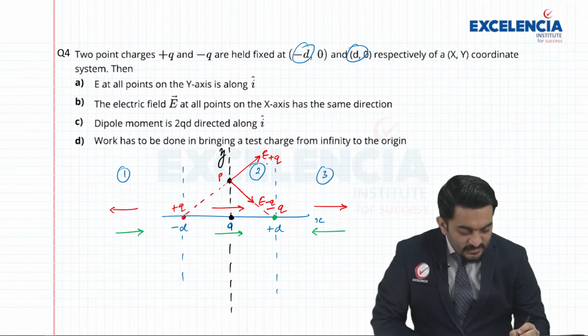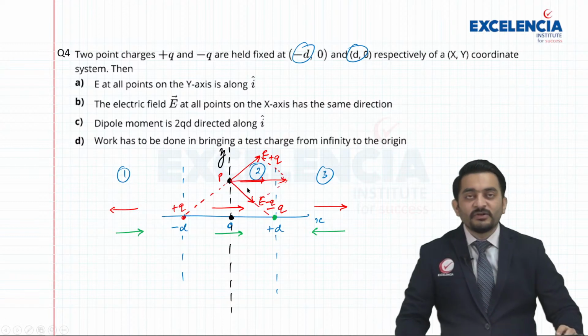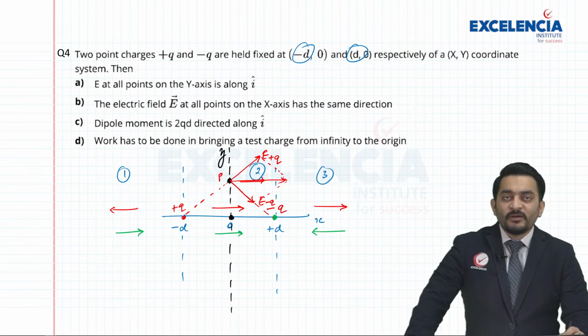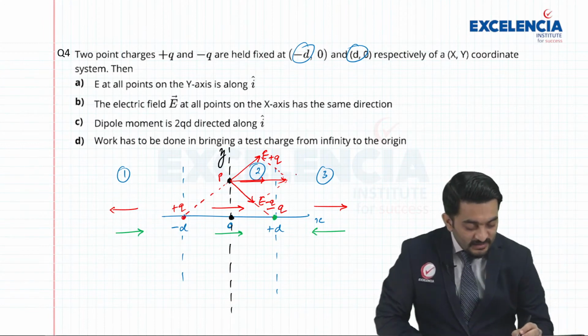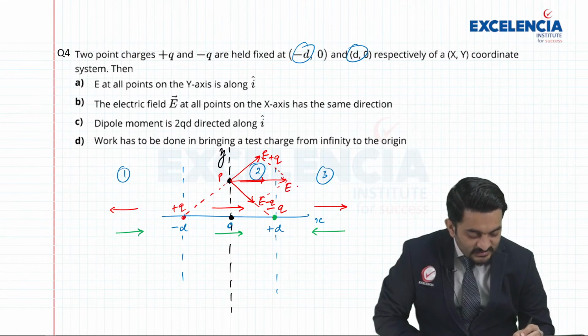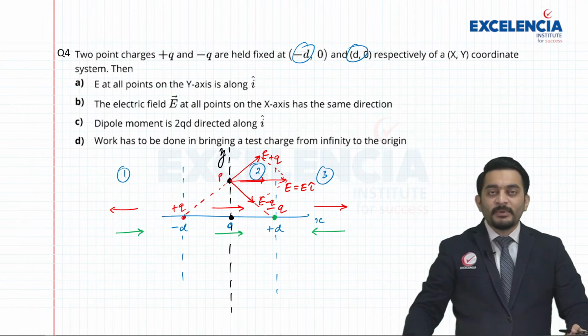The net electric field will definitely come over here, because when I draw the parallelogram, my diagonal indicates the direction of the electric field at point P, which is also along the x-axis. So the electric field over here is also along the positive x-axis, which is i cap.